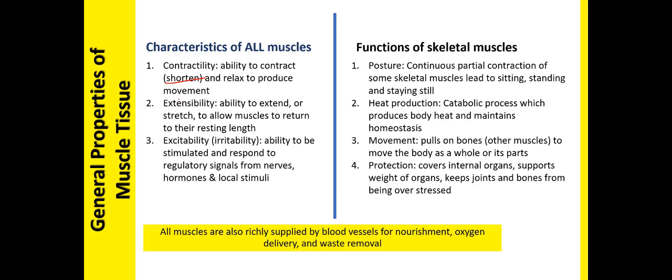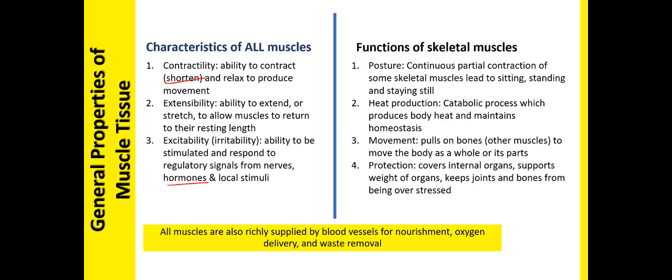And so the excitability of muscles allows the nervous system to control it, to produce a response in muscles, and it also allows other things such as hormones and local stimuli to control it.